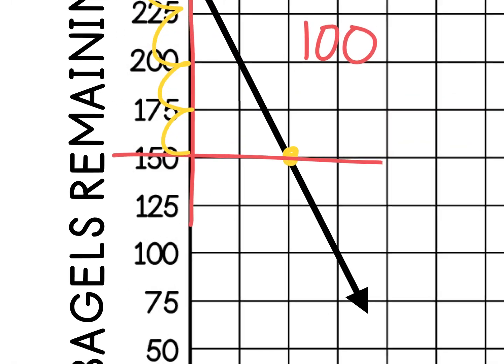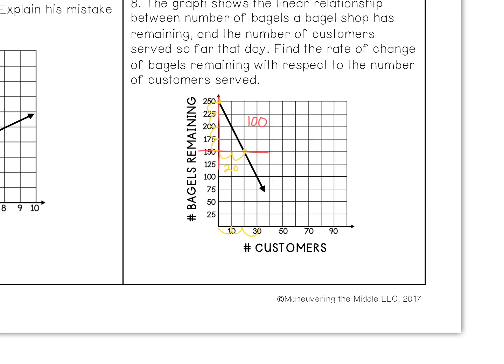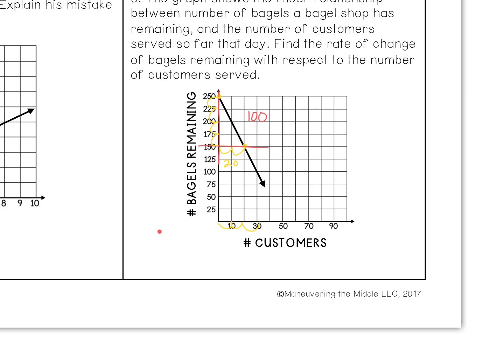So at the bottom it's counting by tens, so that would be 20. Yes, and I heard that, and I'll make sure to mention it. 100 over 20, but it's a negative value because it's decreasing. And so what's that value? -5. That means these customers are buying 5 bagels each, which seems like a lot.